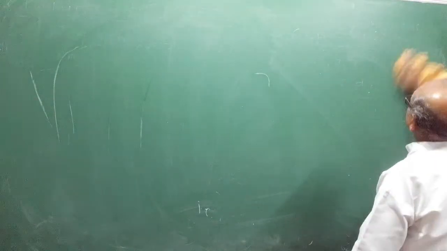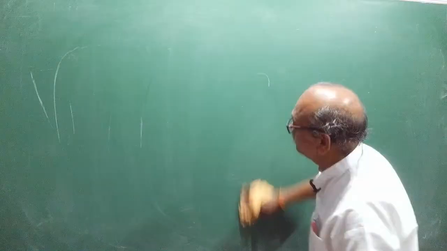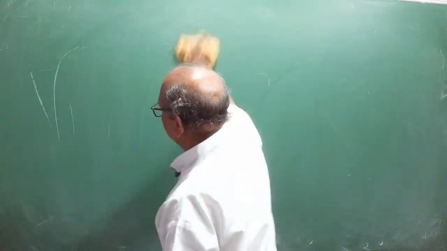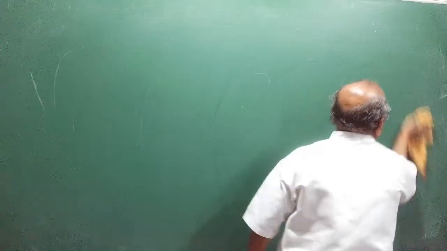So last period in trigonometry, I gave you some homework questions. Just open the book. We'll solve them first, then we'll go to the next varieties of identities. Level 2, right?